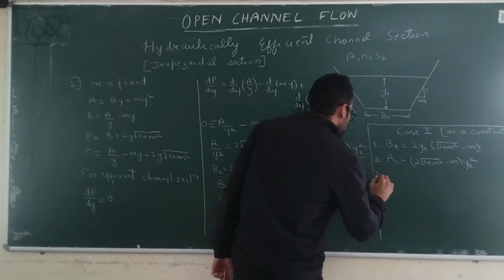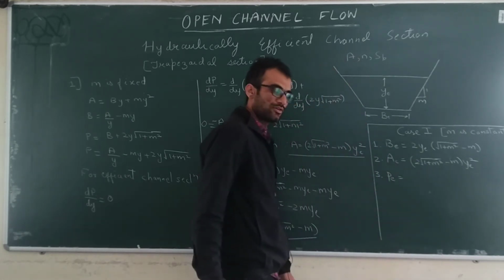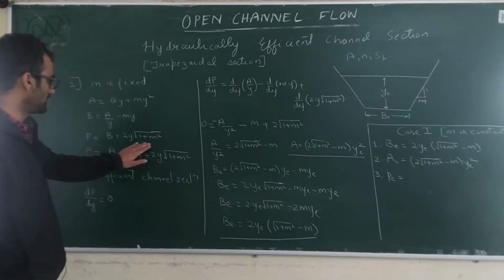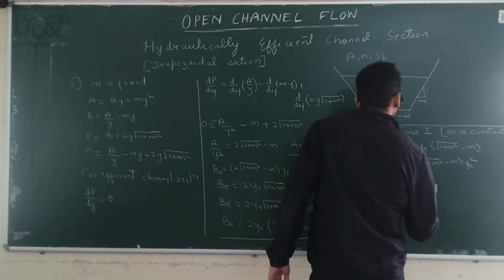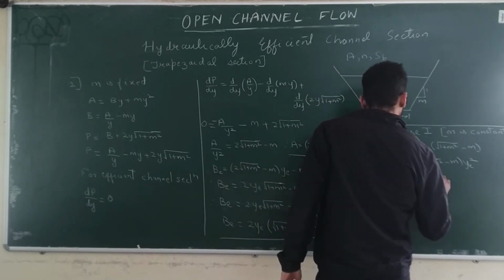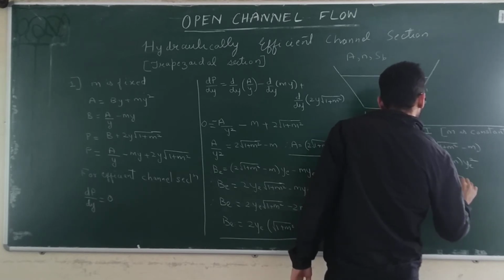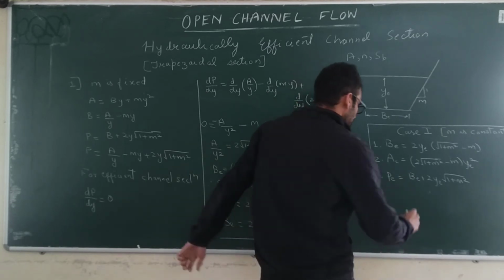Then third is perimeter. Perimeter is B plus twice y under root 1 plus m square. So just put the values here: BE plus twice ye under root 1 plus m square. I will just simplify this.